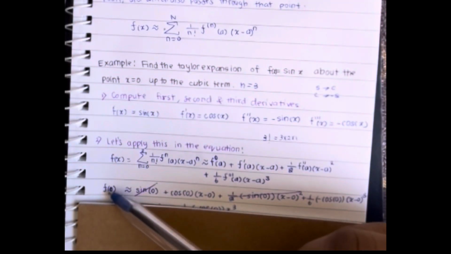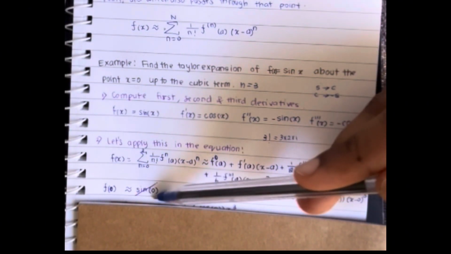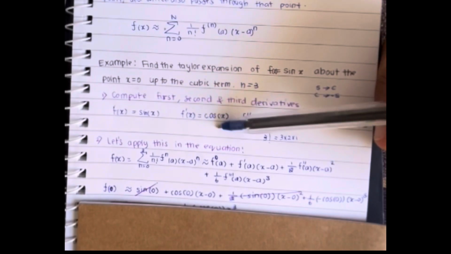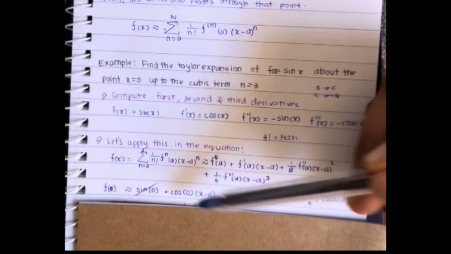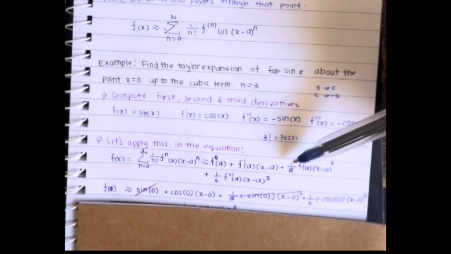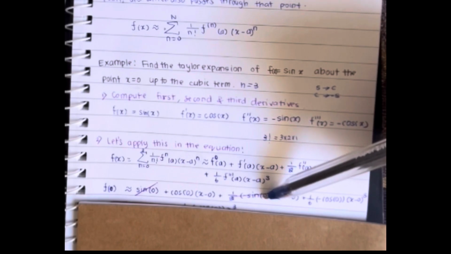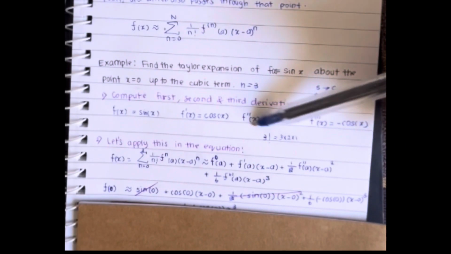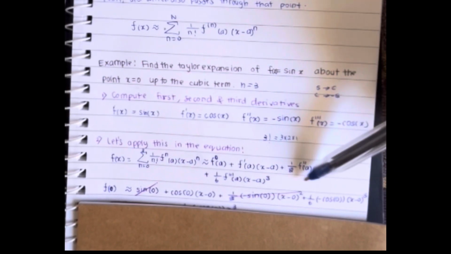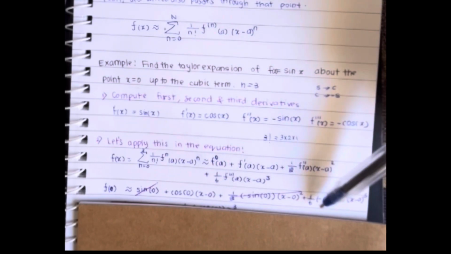So in this case, we are finding the value at x equal to 0. So sine of 0 here, then we find that f prime of a, the first derivative, would be cos x, so we apply the cos of 0, times (x minus 0), where a is 0, then plus 1 over 2 times negative sine of 0, since our second derivative is negative sine x, so we plug the 0 here, times (x minus 0) to the power of 2, plus 1 over 6.